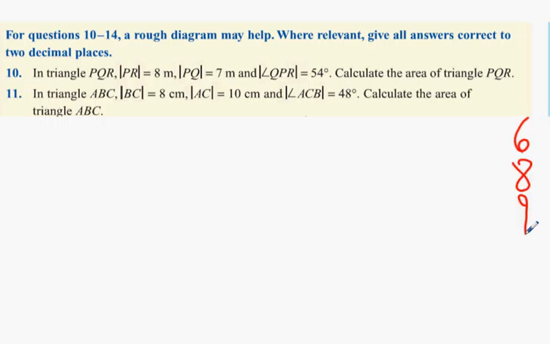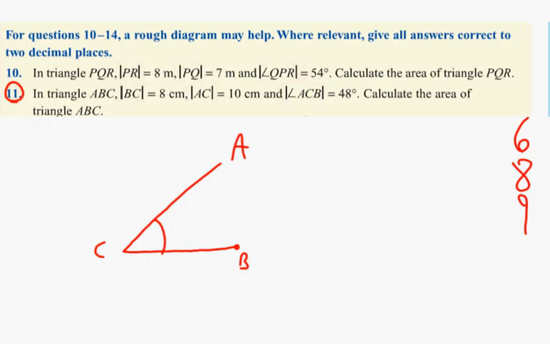Now, in these ones, they give you sort of a variable description as opposed to giving you the diagram. So it's your job to create the diagram, and then we'll find out what happens, right? So what you're looking at is, it says BC is 8, AC is 10, angle ACB. I'd concentrate on drawing the angle ACB first. So this means A to C to B. And that angle there has to be what?